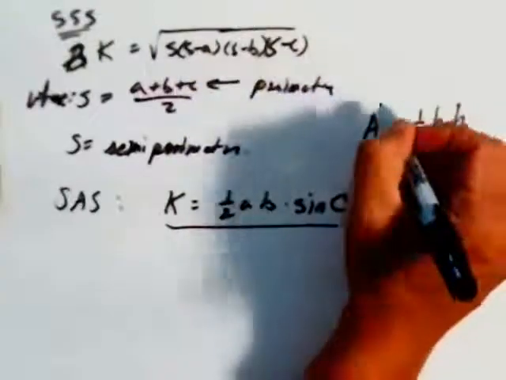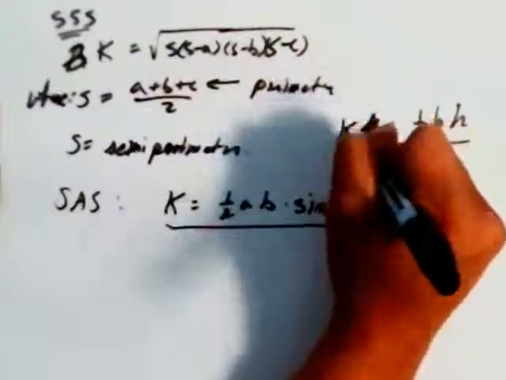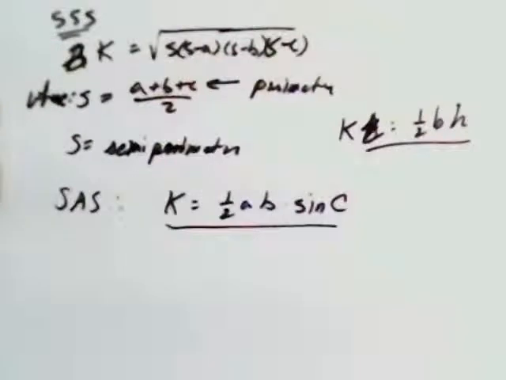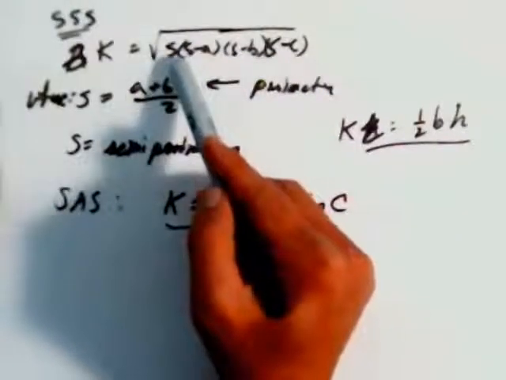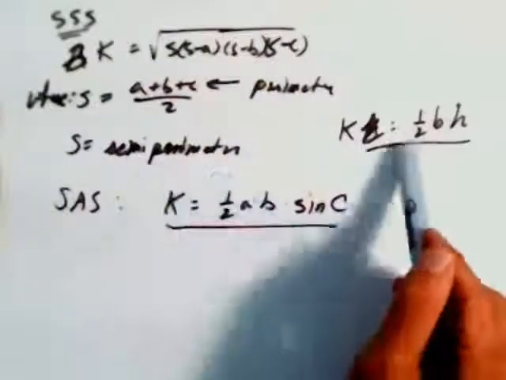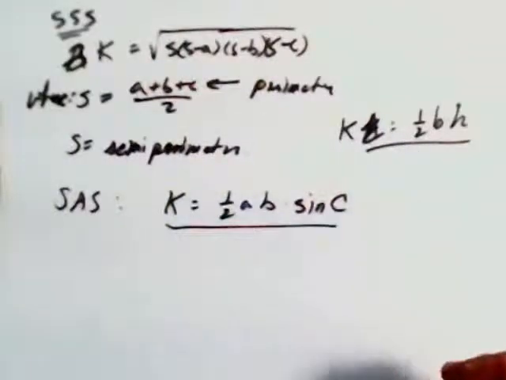I can't use A's because A stands for this angle, so I'm going to use K's here. There is one more formula that's a little bit complicated, and I don't have that memorized. So once you solve for one of the sides or the angles, you can use SSS, SAS, or 1/2 base times the height. Good luck on your test.